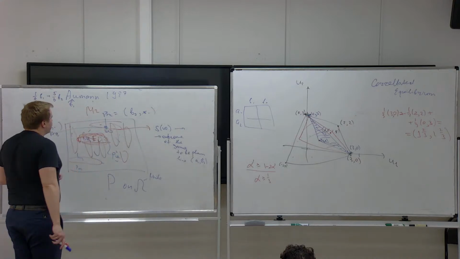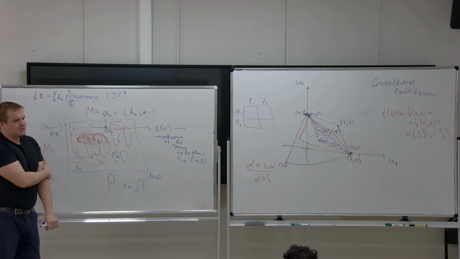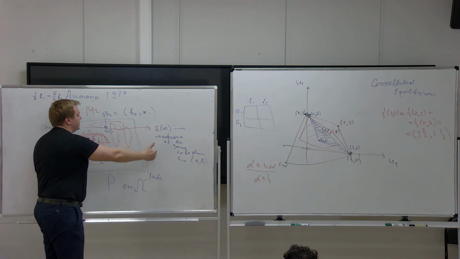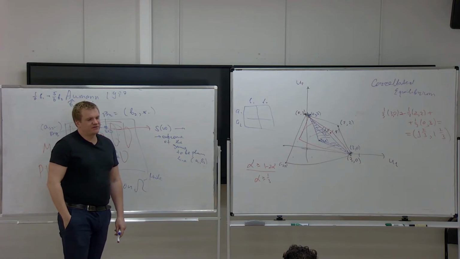So now suppose I have this generalized correlated equilibrium, and I'm interested in the distribution of play in that correlated equilibrium.